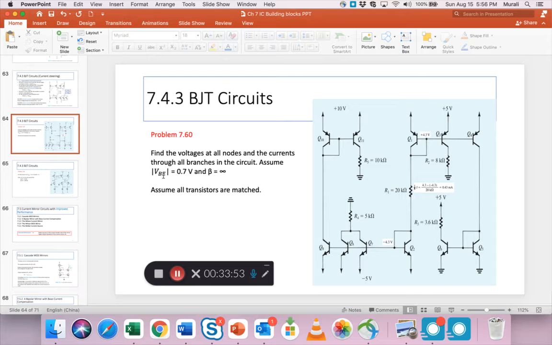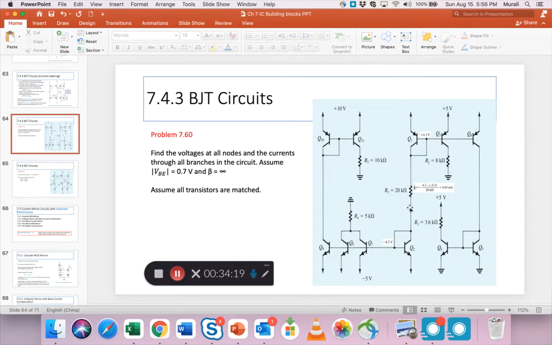Now we know VBE is 0.7. So if you go down this path, this 5 volt drops base to emitter 0.7 as given. So you are left with 4.3, 5 minus 0.7. Similarly here you have minus 5. So if you go up here and you drop 0.7 here, you are with minus 4.3.